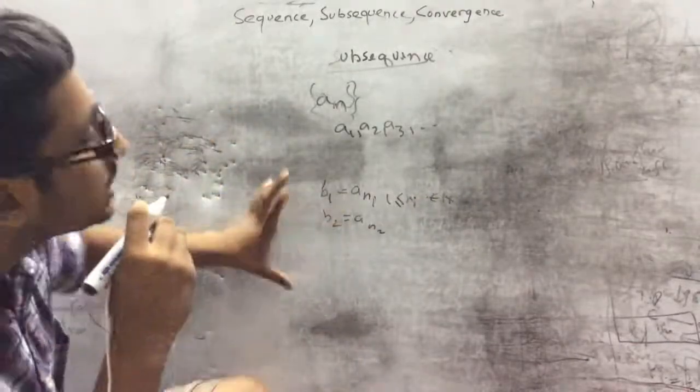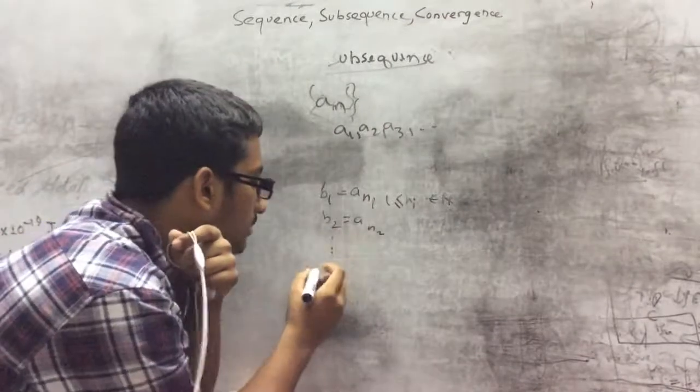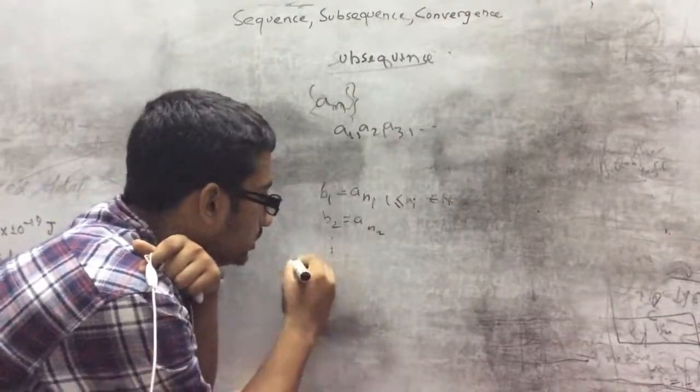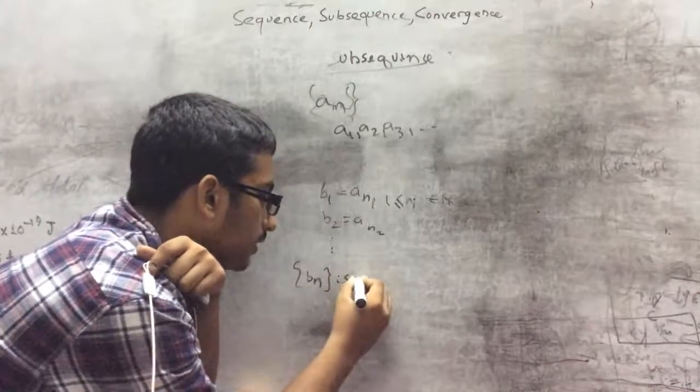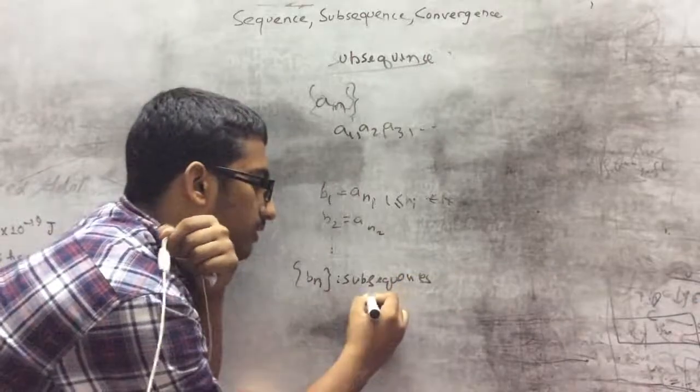So this is a subsequence of this sequence, and similarly b_n is called a subsequence. So there are infinitely many subsequences, right?